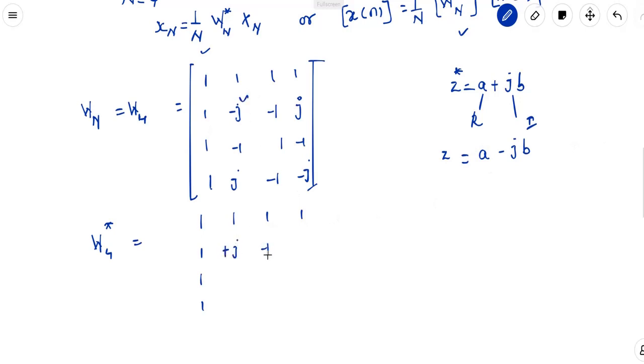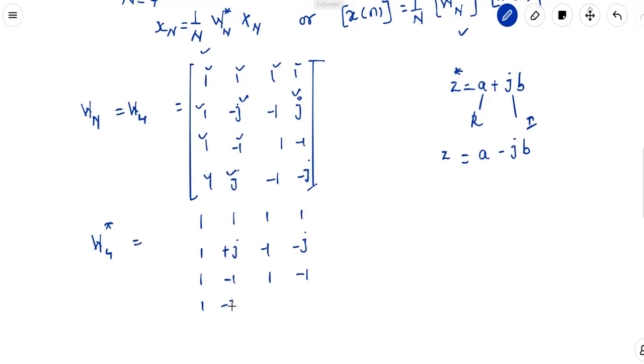Minus 1 I'm not going to change, I will keep it like that only. So you have a j, this becomes minus j. All the real parts, 1, 1, 1, I cannot change these values. Wherever there is a j value, I'm going to change it from plus to minus and minus to plus. So this becomes 1, minus 1, 1, minus 1. And you have a plus j here.